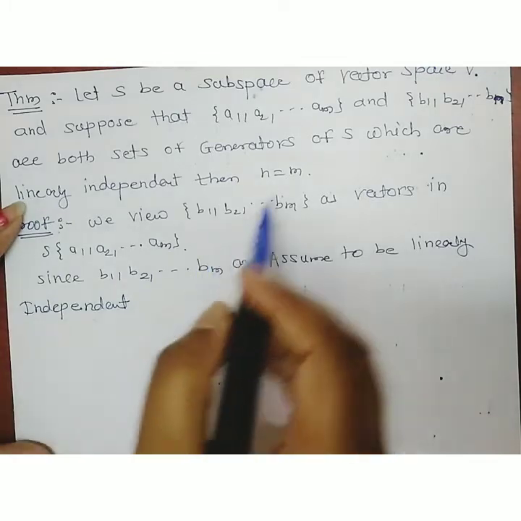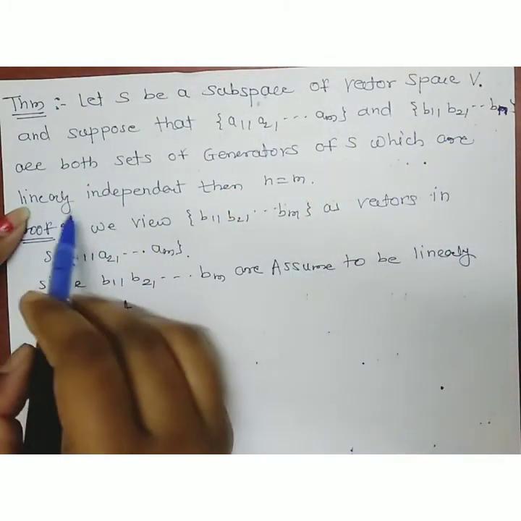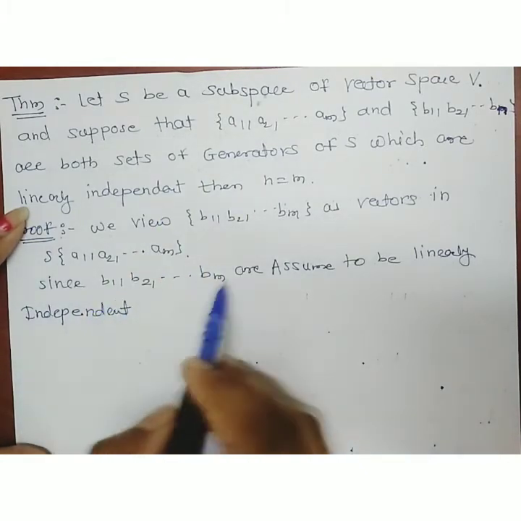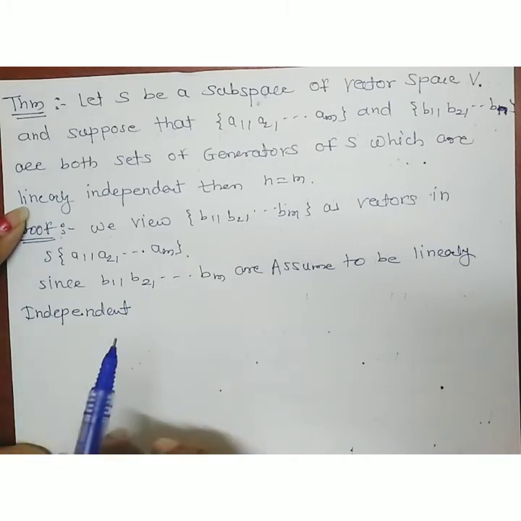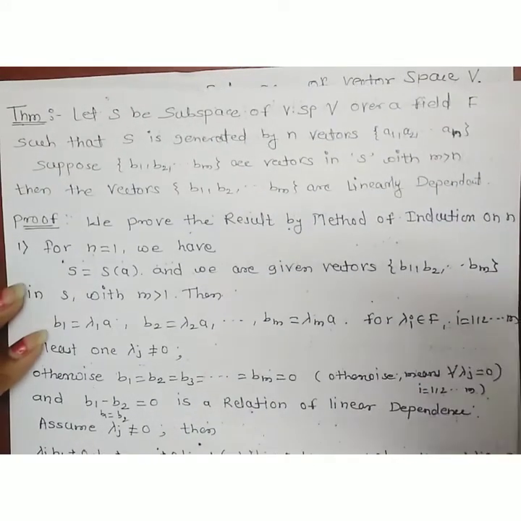Now we have already been given that the sets B1, B2, Bm and A1, A2, Am are linearly independent. So what is the condition? By using a theorem, what is the theorem?